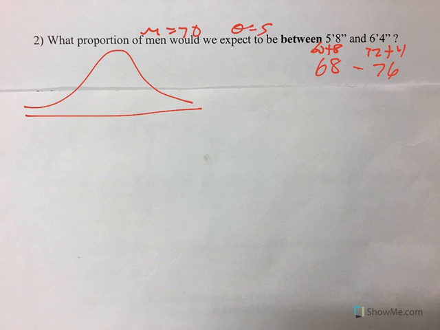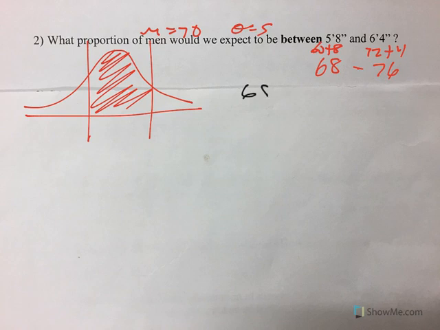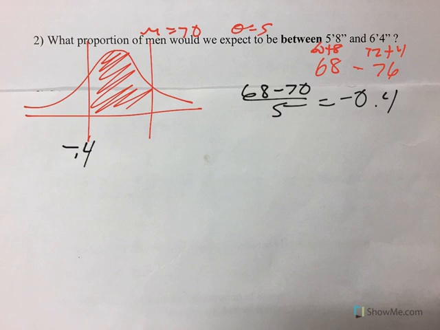The first thing we need to do is find the z-scores for these two values, because we're trying to find this shaded area between them. So first, 68 minus 70 over 5 gives me negative 0.4, so that's here. And then 76 minus 70 over 5 gives me a z-score of 1.2, which is here.